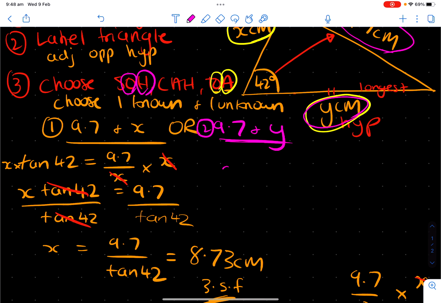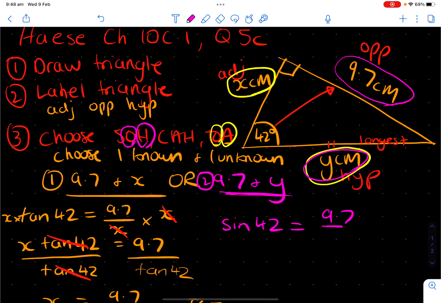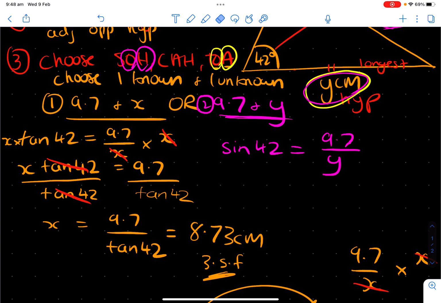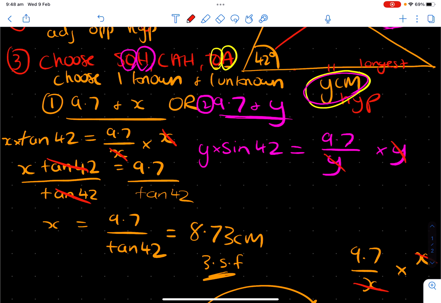So we're going to go sine angle 42 equals opposite, which is our 9.7 centimeters, divided by our hypotenuse, which is y. So our first step is to isolate y by itself, and the first step of that is multiplying both sides by y, and as a result we can cancel these out because multiplication and division are inverse operators, and as a result we now have y on our left-hand side. So that is step 1.